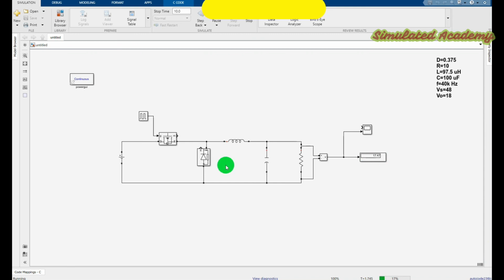But if you take all the components in the ideal state, you will get exactly 18 volts output. Now the components are not ideal. They consume some power, and a voltage drop occurs. So I will show the result in ideal form and you can see the difference.